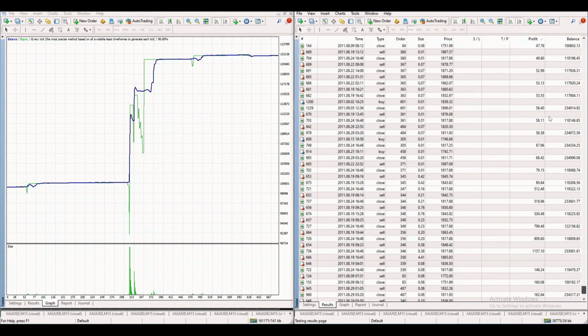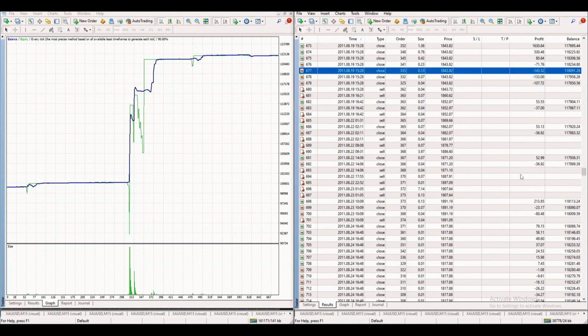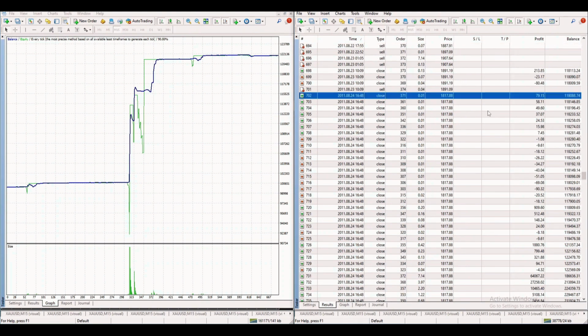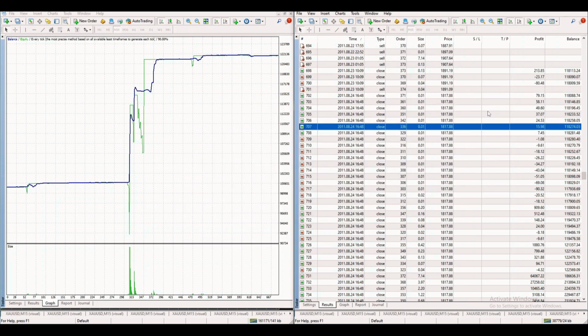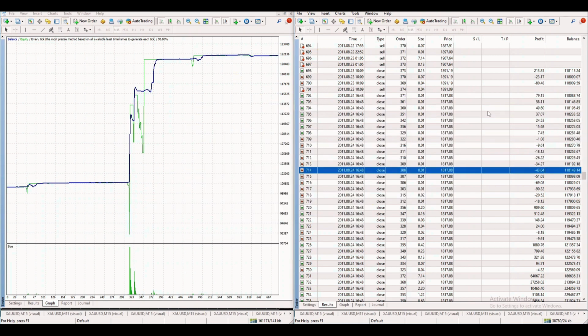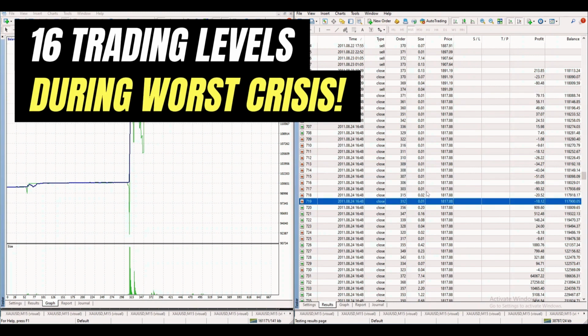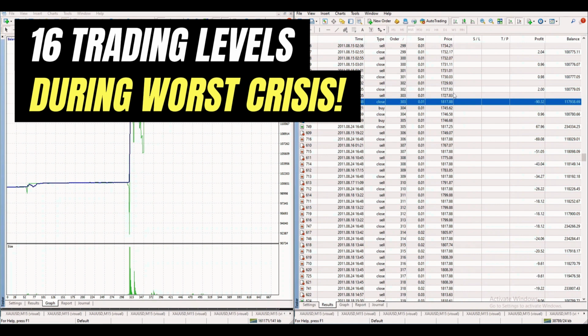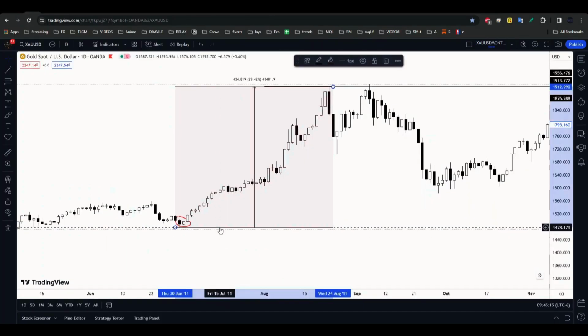I'm going to check first my biggest losing trade. Okay, that's not the one, but yeah, we have it here. So I trade by level. So let's check 1, 2, 3, 4, 5, 6, 7, 8, 9, 10, 11, 12, 13, 14, 15, 16. I have 16 levels. Now let's check the first order that we opened. It was at 1727. So that's my first order, 1727.